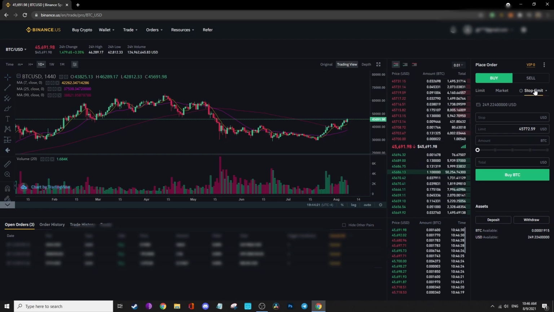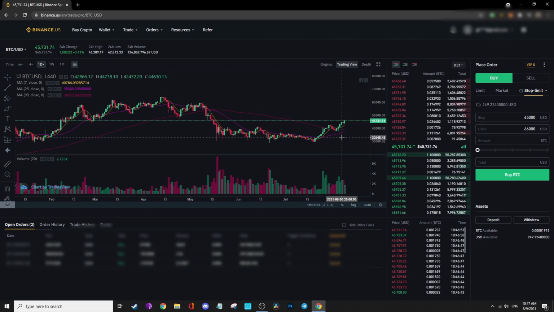The stop limit. So you can go to the stop limit here and type in the price that you want, 66,000. And then you can set your stop at, let's say, 65,000. What will happen here is your limit order will not activate until Bitcoin hits 65,000. This means that when you place this order, it's not going to buy at the market price.